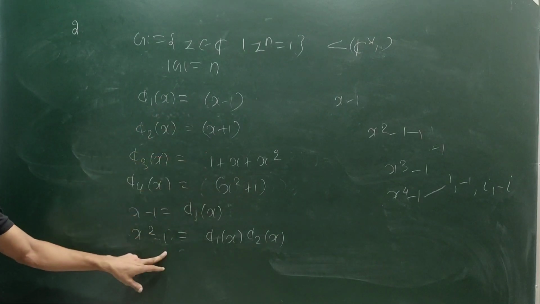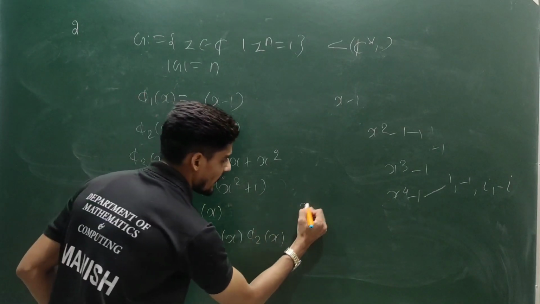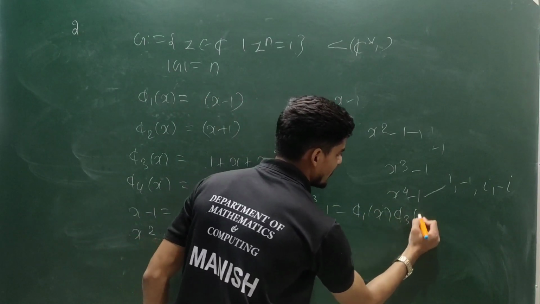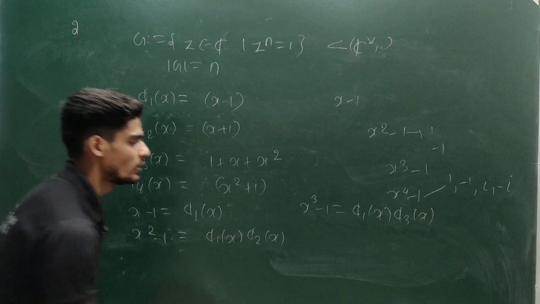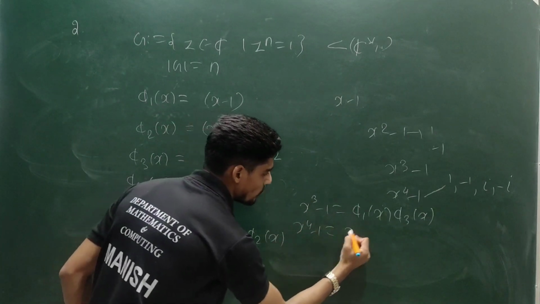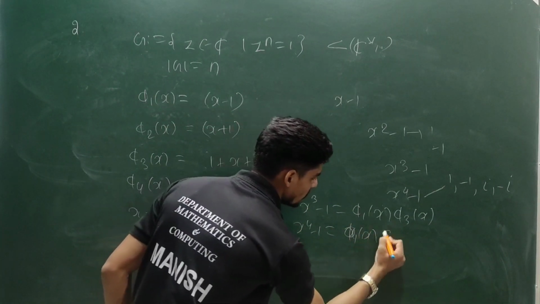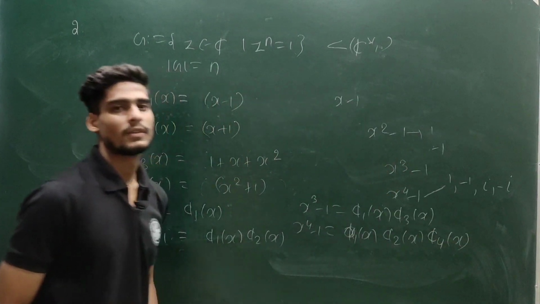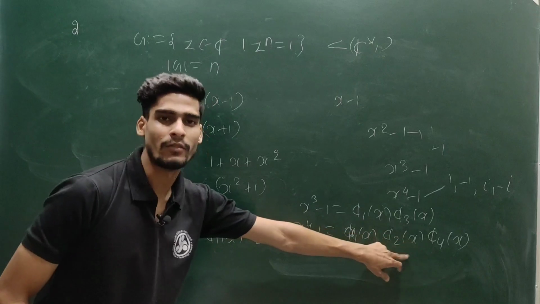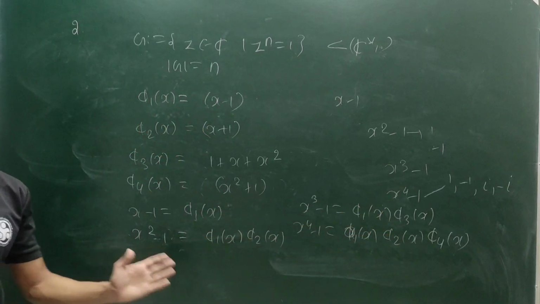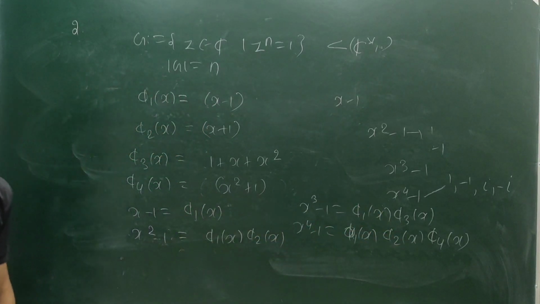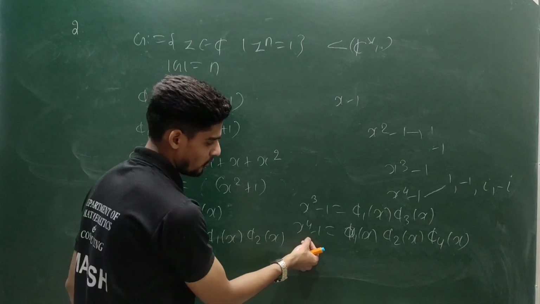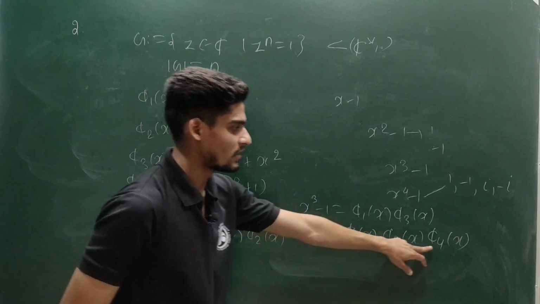If you compute x power 3 minus 1, you are going to get phi 1 x times phi 3 x. If you find x power 4 minus 1, you are going to get phi 1 x, phi 2 x, phi 4 x. Why am I choosing 1, 2, 4 here? Why am I not choosing 3? Because I am choosing only the divisors of 4. So you can verify that x power 4 minus 1 is exactly the same as phi 1 x, phi 2 x, phi 4 x.